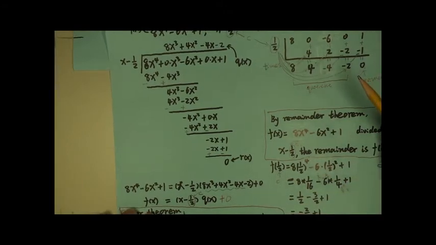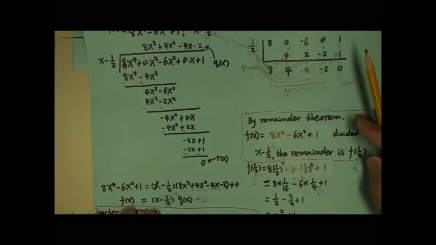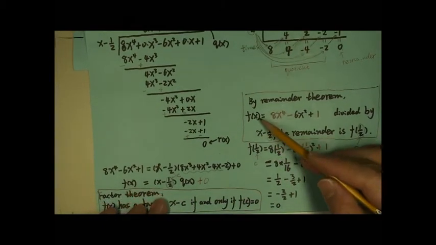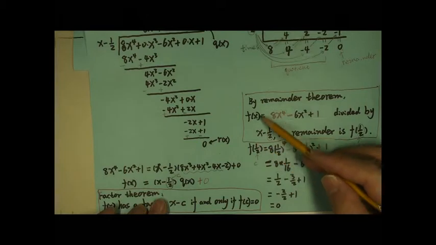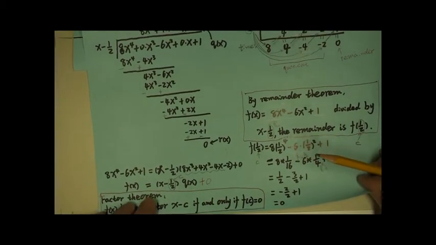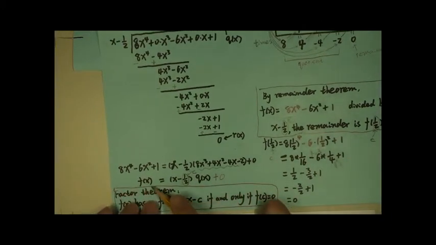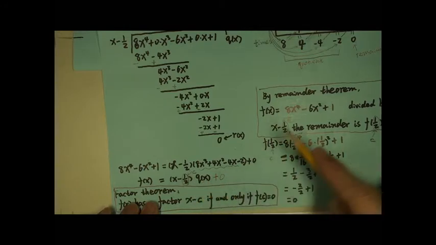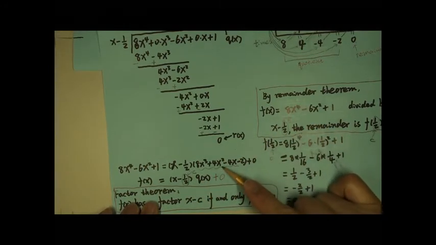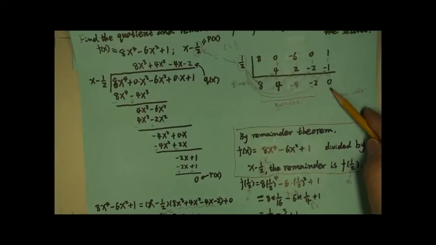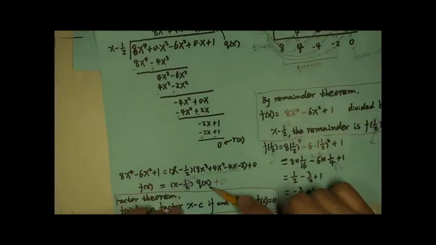So this remainder theorem is very useful. You plug in f of 1/2, you plug in 1/2 here, you get 0. Then you know you can write f of x, this one, like that: x minus 1/2 times Q of x. You can either find Q of x by using this way, or you may find Q of x later.